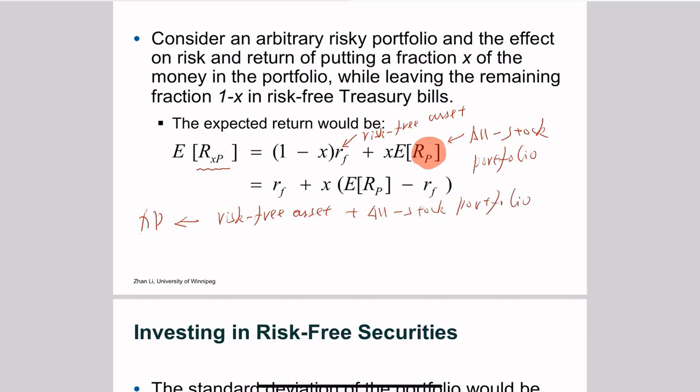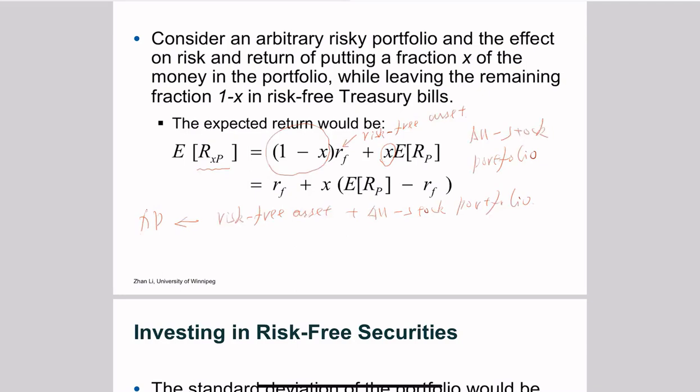Well, this is actually pretty simple, right? We have basically learned about this. If the portfolio weight on this all-stock portfolio is X, and the portfolio weight on the risk-free asset is 1 minus X, then clearly the expected return of this combined portfolio XP equals 1 minus X times the risk-free rate plus X times the expected return of this all-stock portfolio, right?